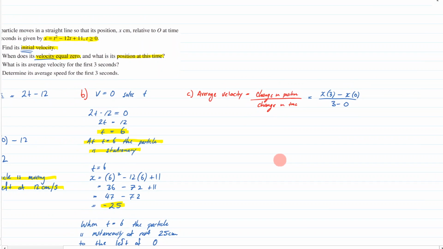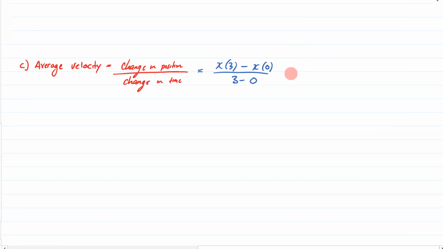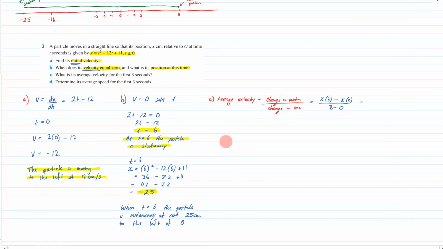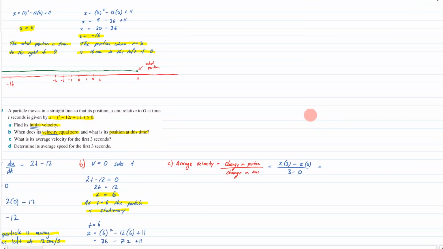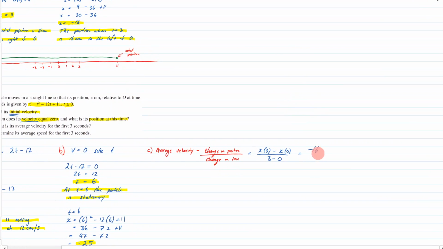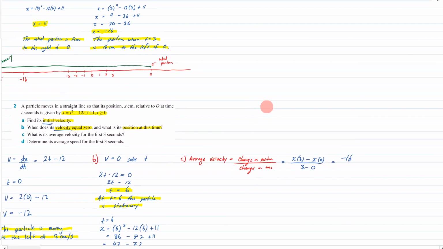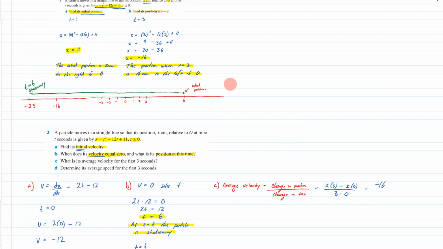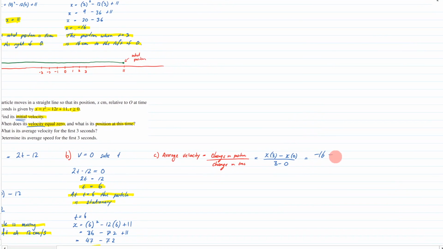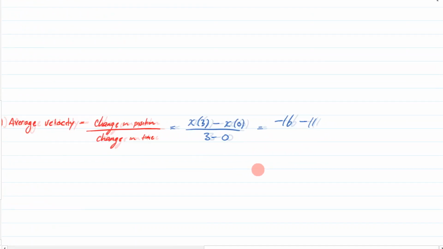Now, I know what x of 3 is because we did it in part 1. Can I remember? No. So I'm going to have to come up here. When t was equal to 3, x was equal to negative 16. Thank you very much. And then when t was equal to 0, x was equal to 11. So this is going to be minus 11. And then it's going to be 3 minus 0, which is 3.